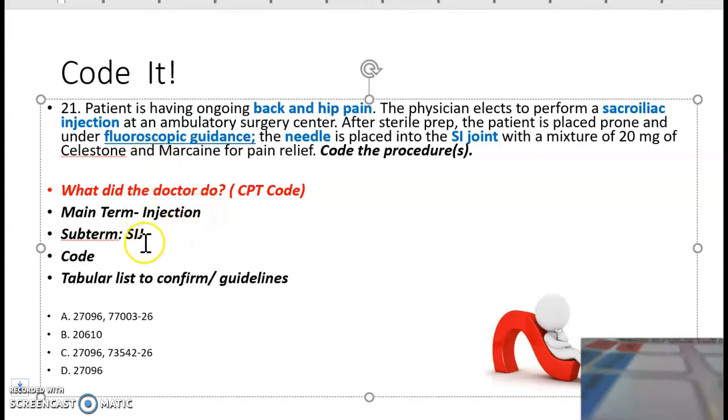My subterm is the location. Where was this injection given? You have to come back to the scenario and read the location. It says back and hip pain, but where was the injection given? It was given in the sacroiliac joint.